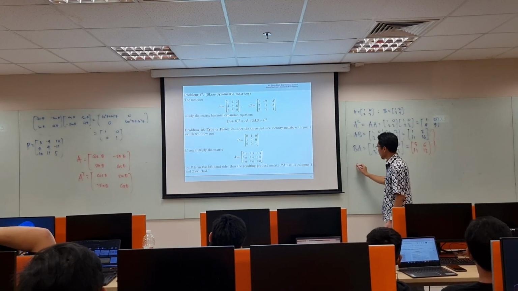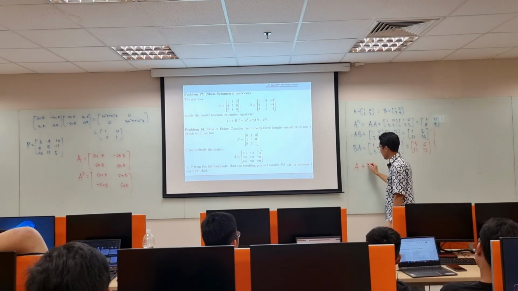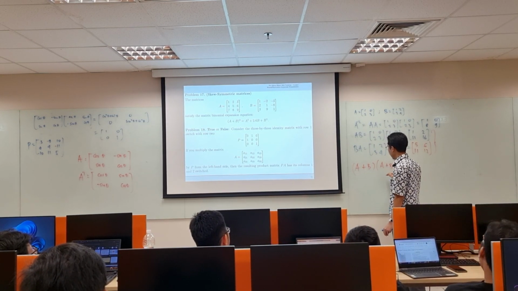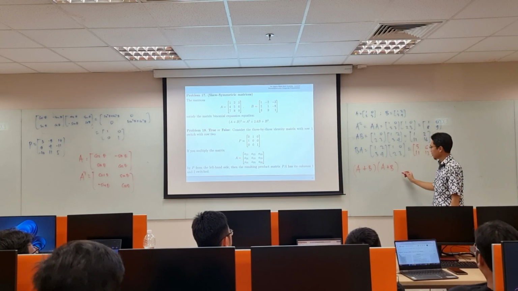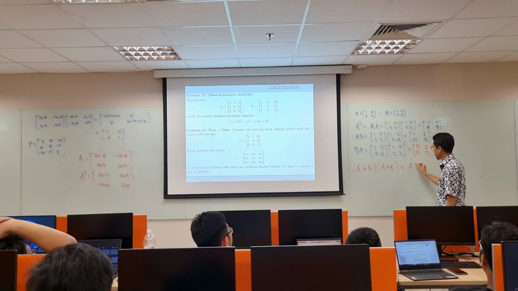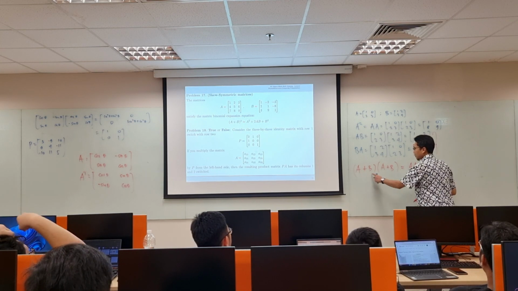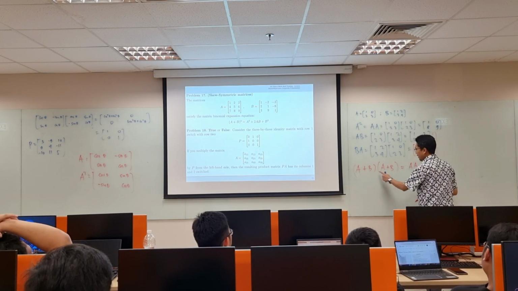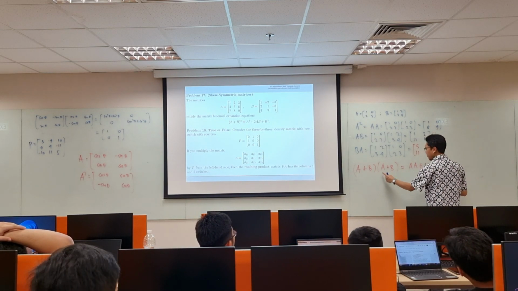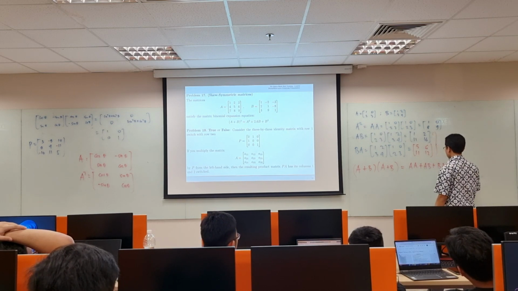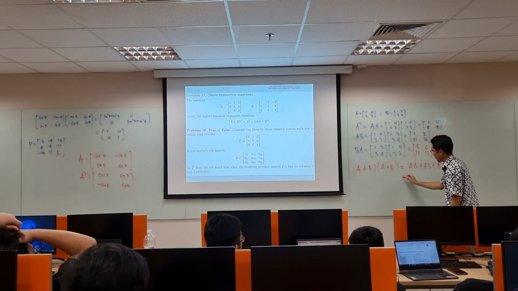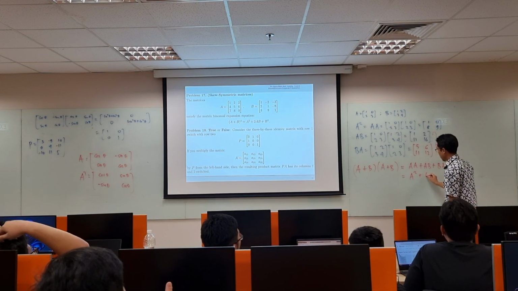So let's see what happens if we multiply A plus B with A plus B. This is A plus B square. What do we have? This is A times A, and then A times B, and then B times A, and then B times B. So finally you have A square plus AB.